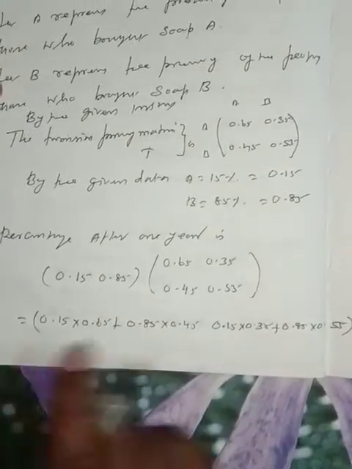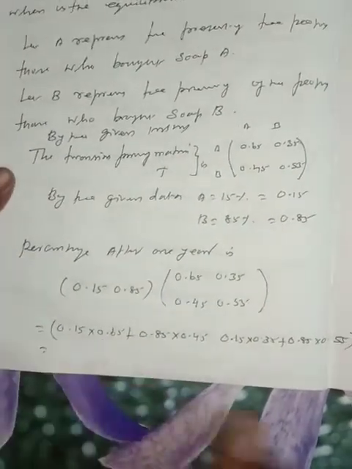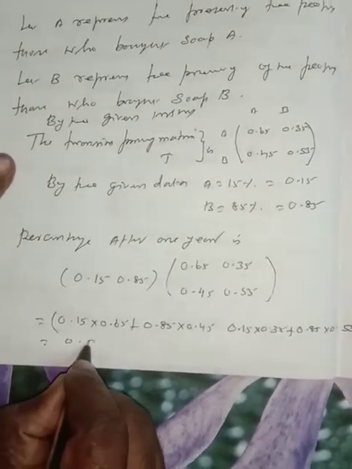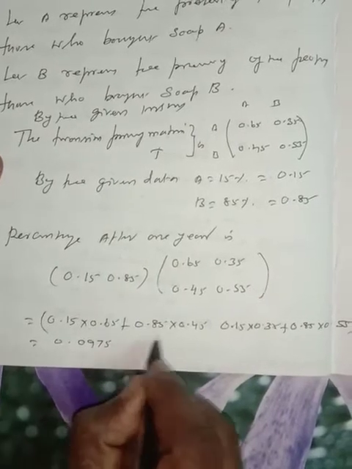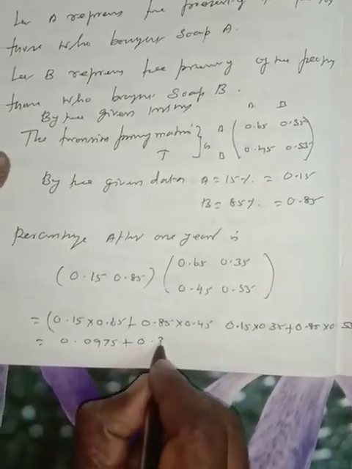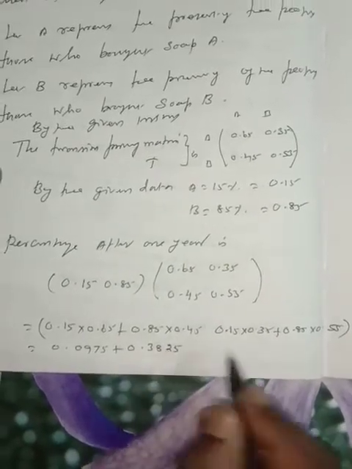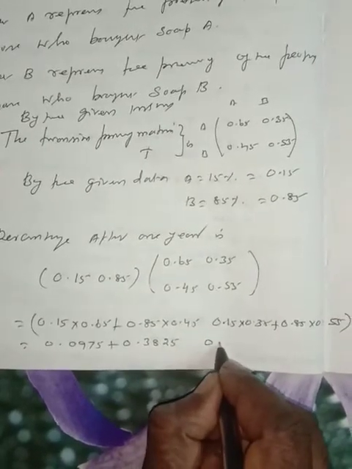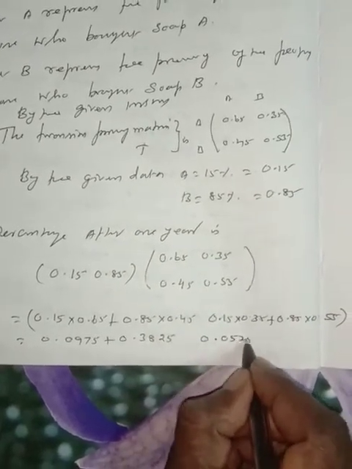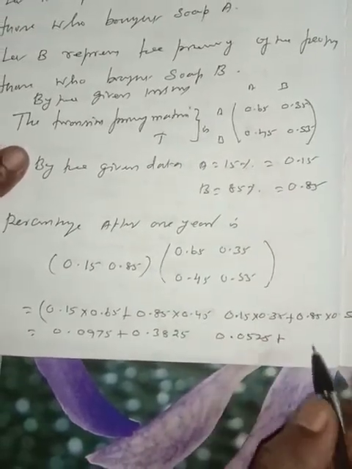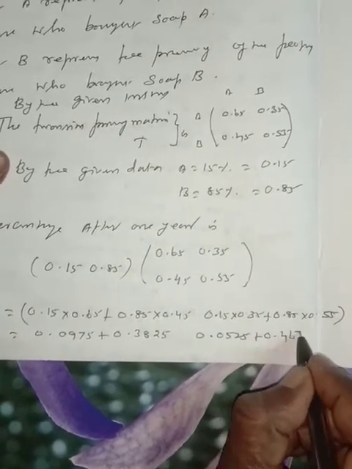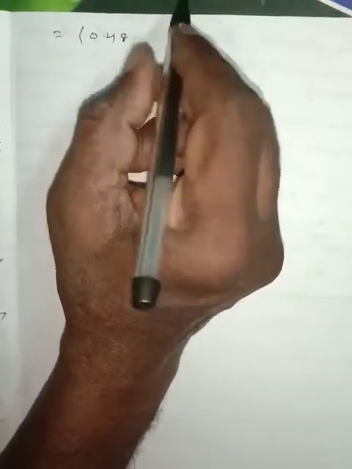The product gives 0.0975 plus 0.3825, 0.0525 plus 0.4675, that is 0.48 and 0.52.